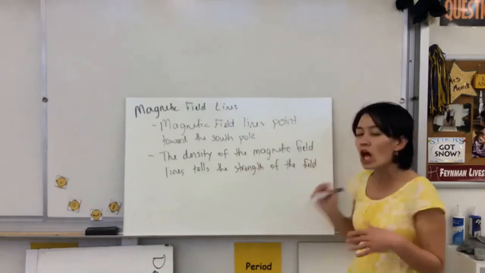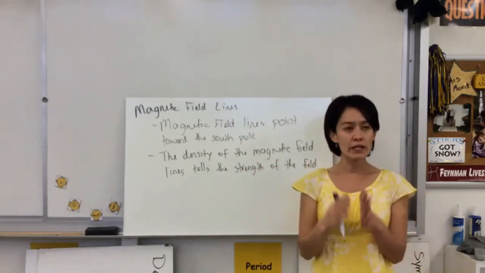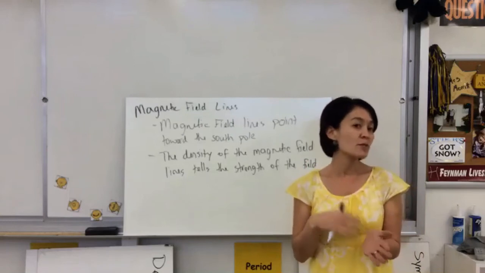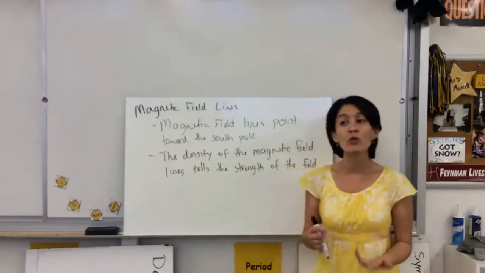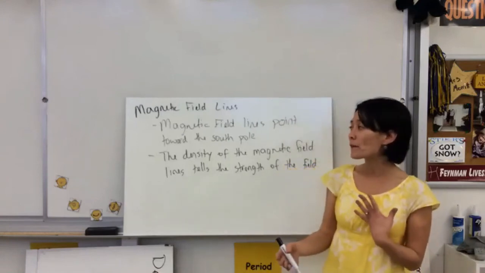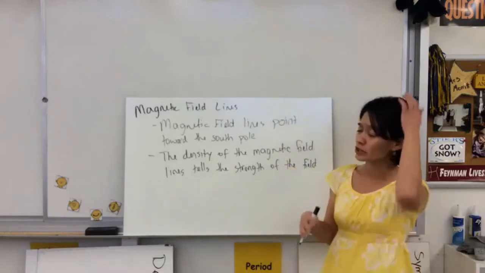If you have a lot of field lines in a given space, then the magnetic field tends to be stronger. If you don't have as many field lines in a given space, then the field is weaker. That's similar to electrostatics or electric field lines.